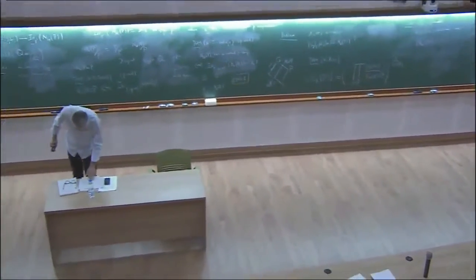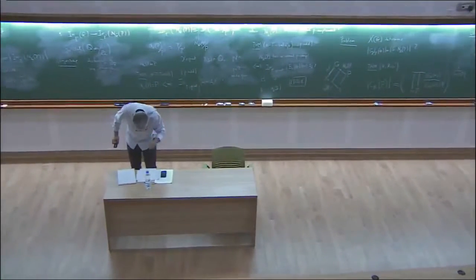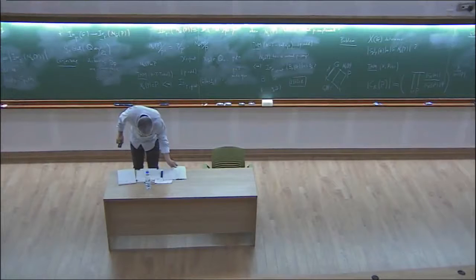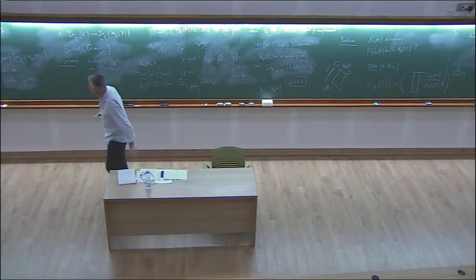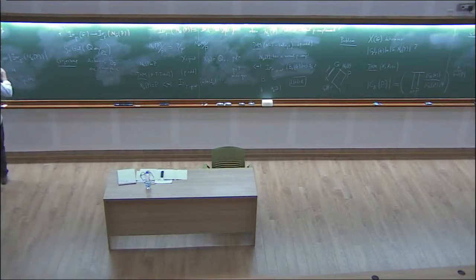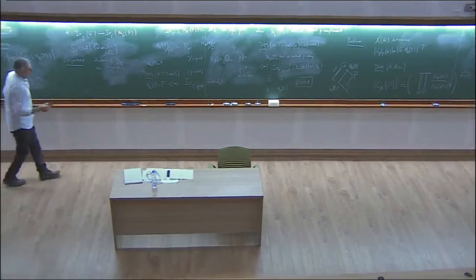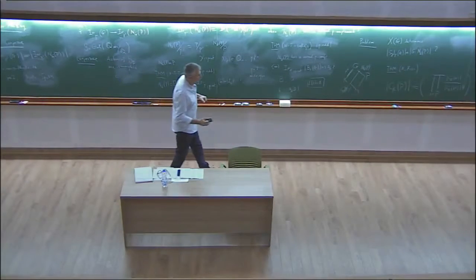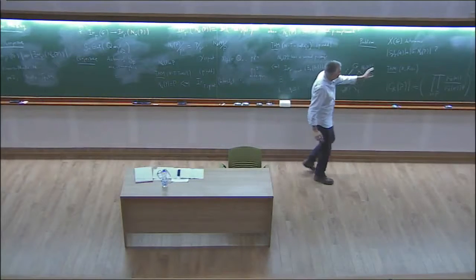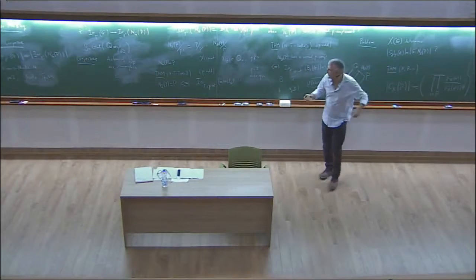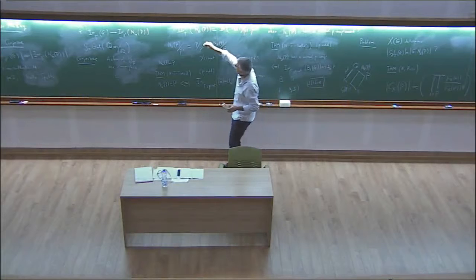Okay, so now I'm going to go to the other part. So I have been more interested in the size of the normalizer. Now I'm going to go to the other section, which is this section.